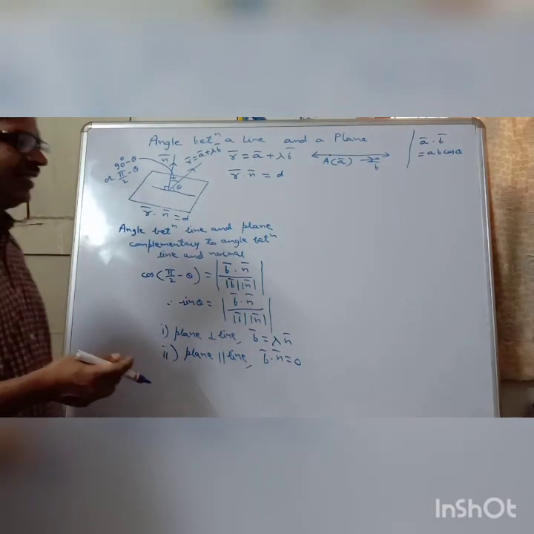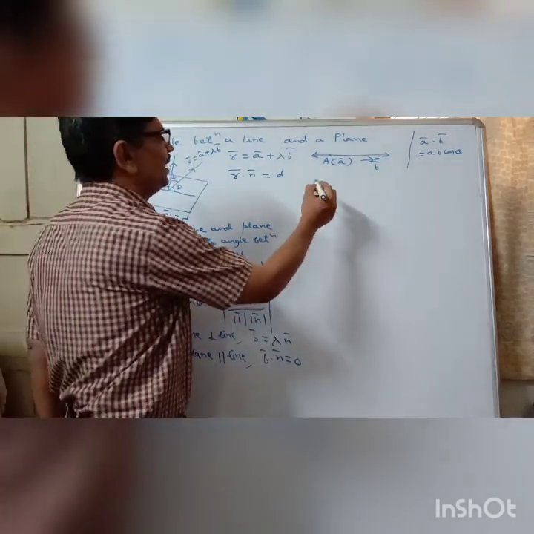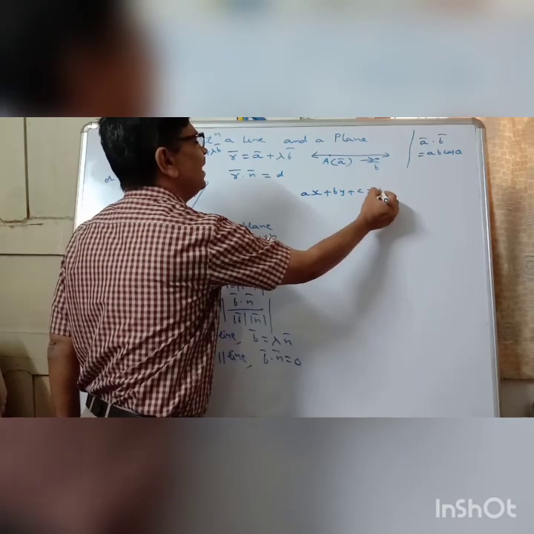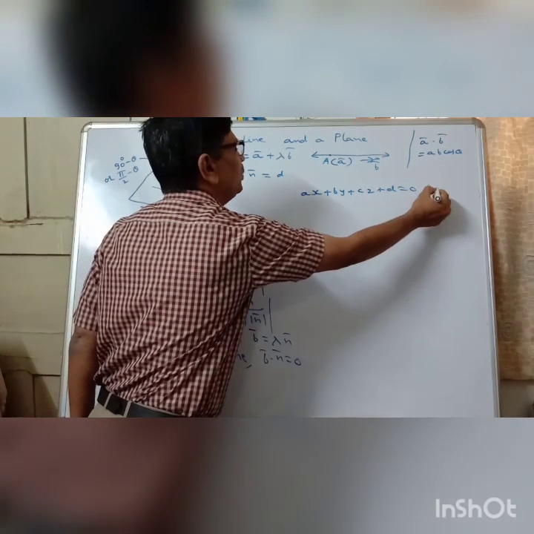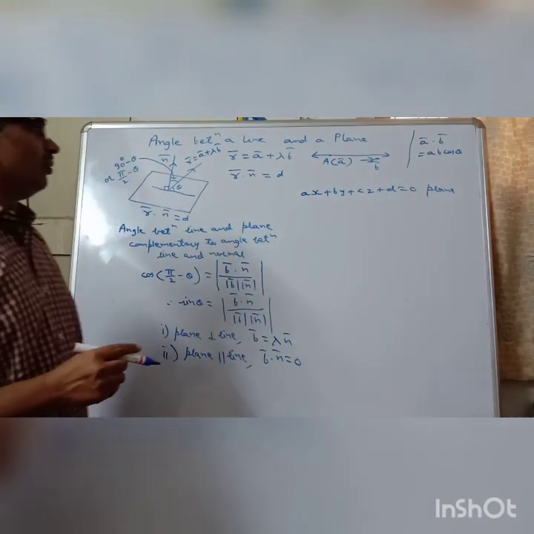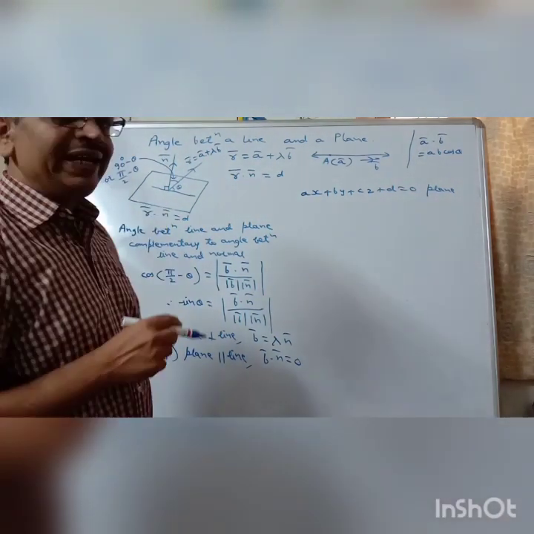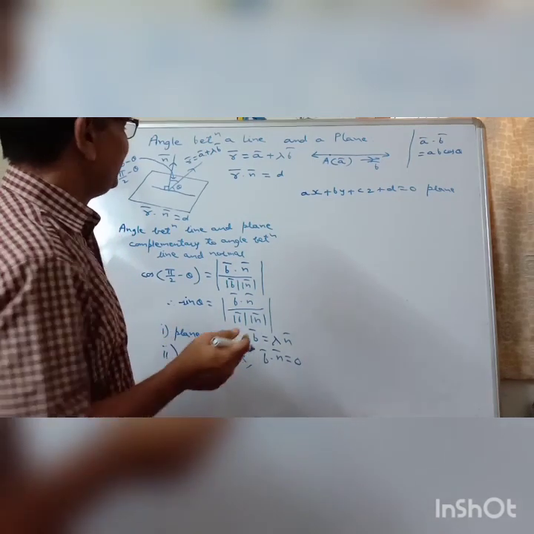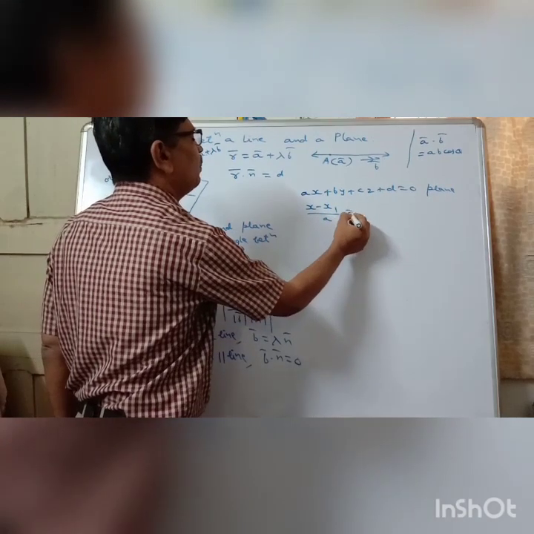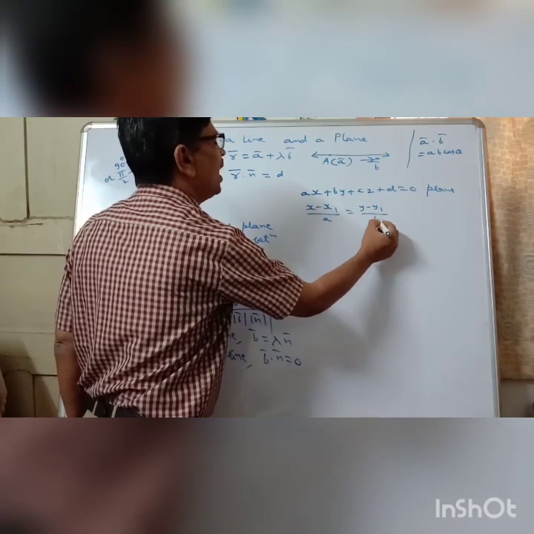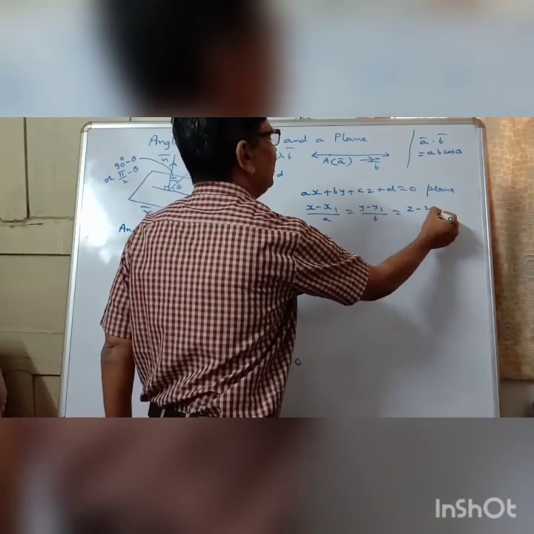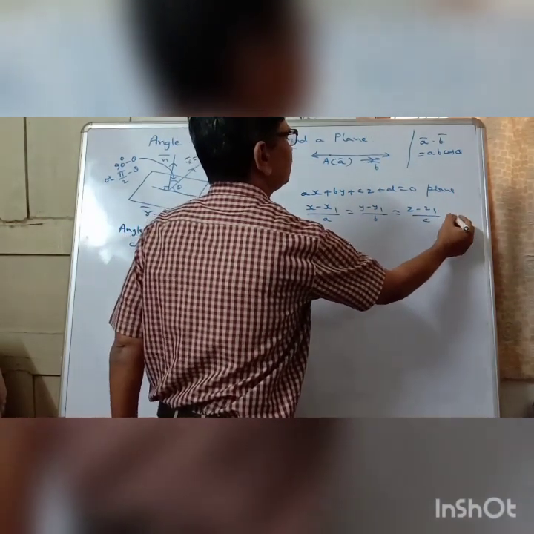If the equation of the plane is in Cartesian form, ax plus by plus cz plus d equals 0, and the equation of the line is also in Cartesian form, x minus x1 upon a equals y minus y1 upon b equals z minus z1 upon c.